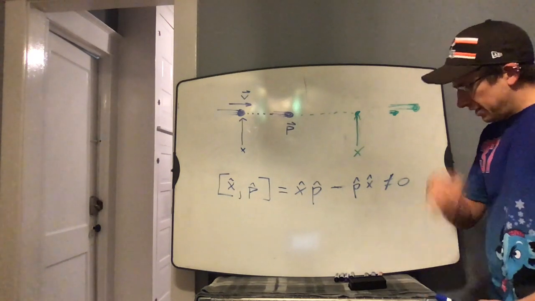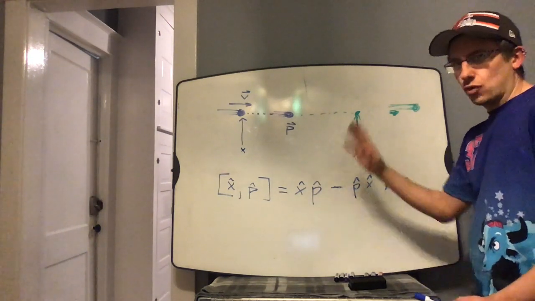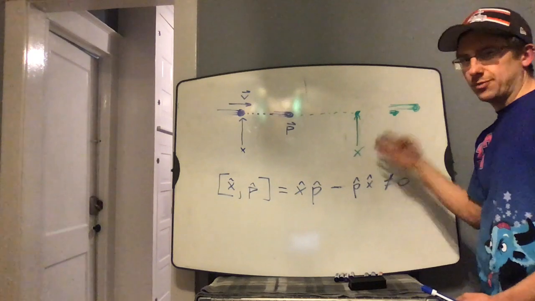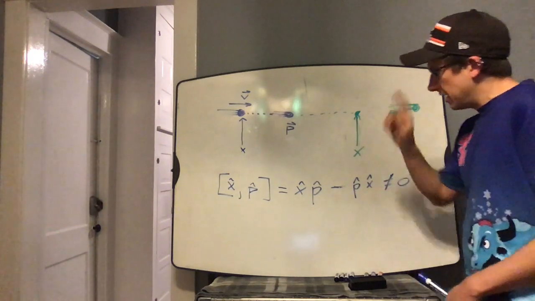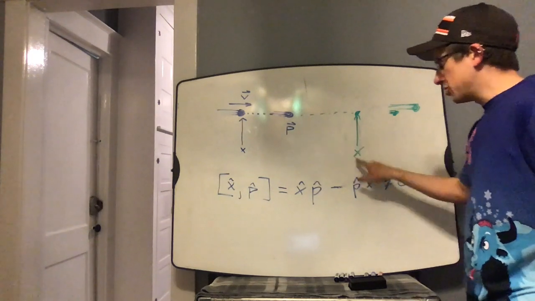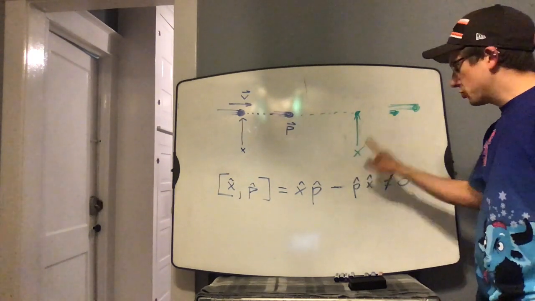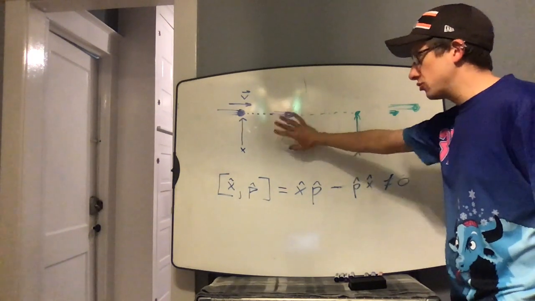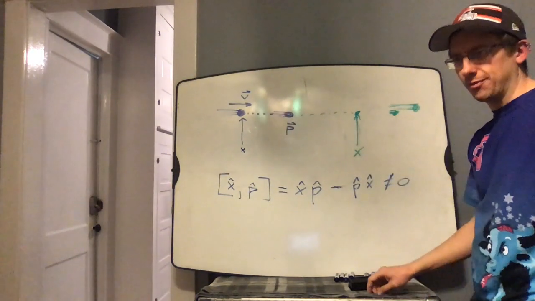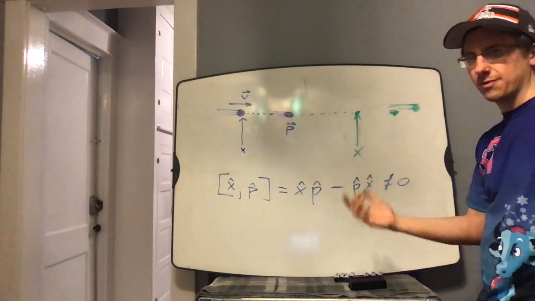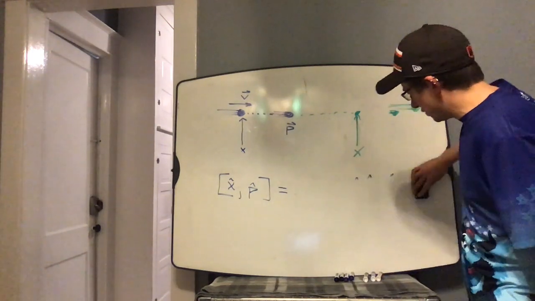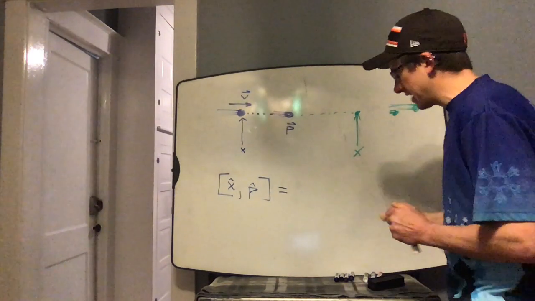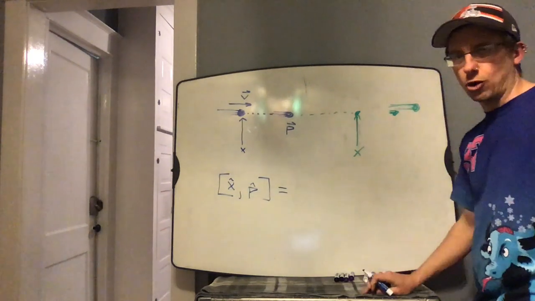So in classical physics, we could know position and momentum to perfect accuracy. In quantum mechanics, measuring position will introduce uncertainty into that momentum, and we don't really know momentum anymore after we measure position. And that is written in the language of quantum mechanics by the commutator being something other than 0.